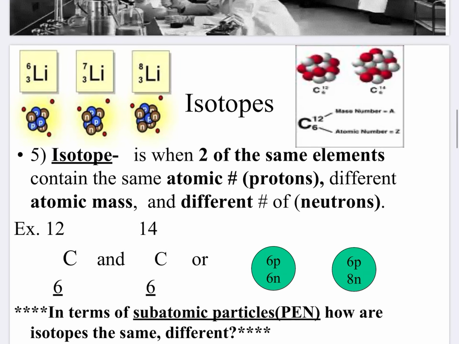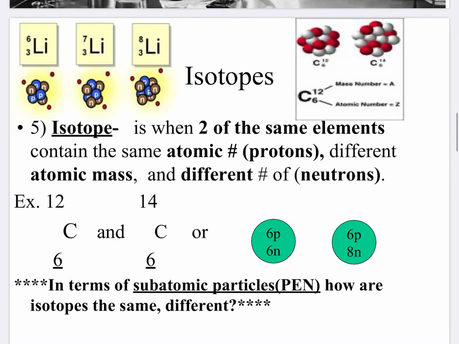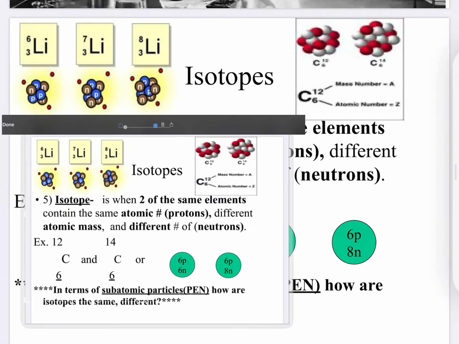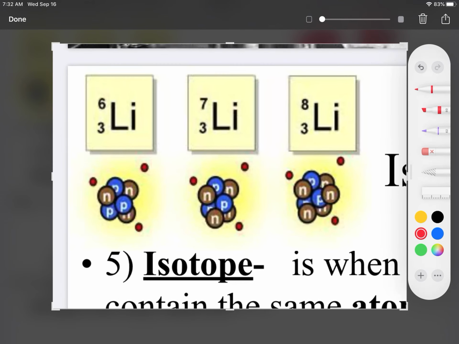Isotopes are basically elements that have, well, if you look at this picture up here, these are three lithium atoms, right? But what's the difference you notice between them? Well, these lithium atoms have masses of 6, 7, and 8. But what's the same about them? They have the same atomic number. So what you need to know for isotopes is that iso means something's the same, something's different.